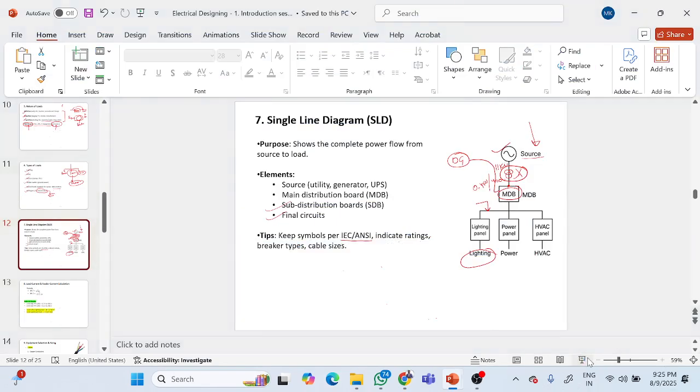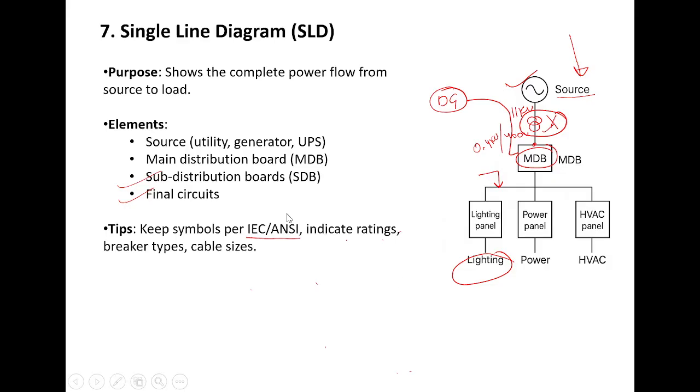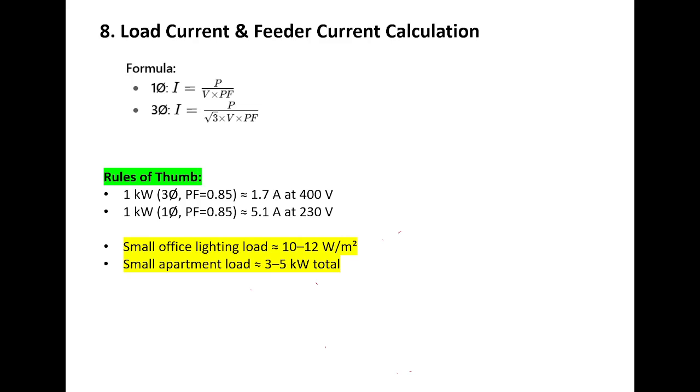Okay, so now coming after this, I am coming to the load current and feeder current calculation. First, let me tell you about the load current or feeder current. What does it mean? Let's suppose I am drawing a short, simple single line diagram. This is my point of supply from where I am getting supply.